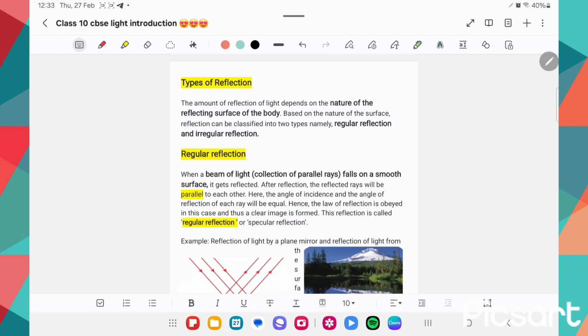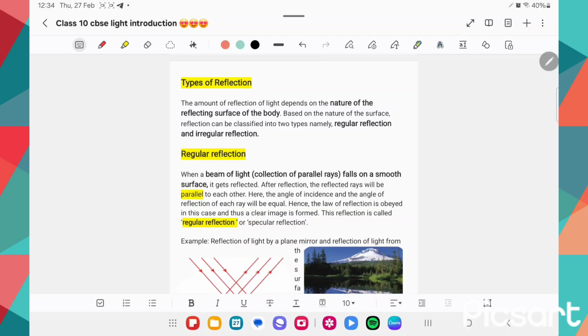One is regular reflection, another one is irregular reflection. சரியா? So முதல்ல reflection எப்படி different ஆகுது, எப்படி மாறுபடுதுன்னு பார்ப்போம். பாருங்க, reflection is always dependent upon the nature of the material.